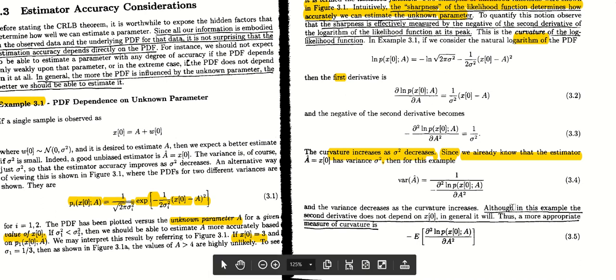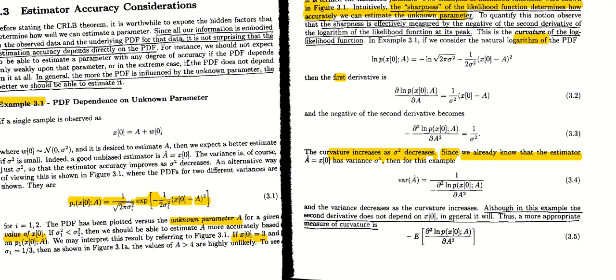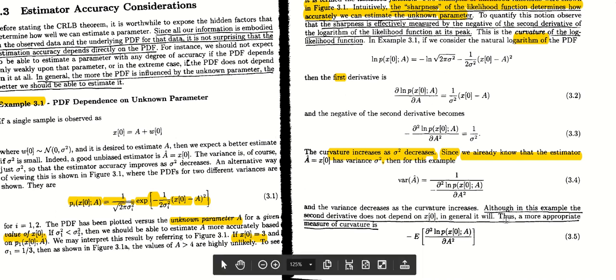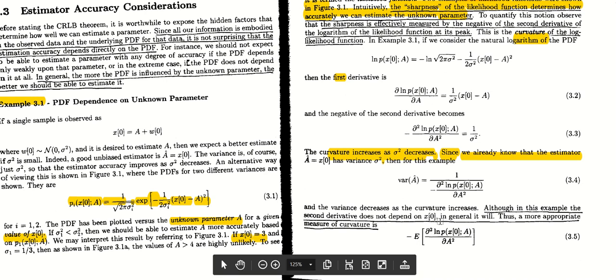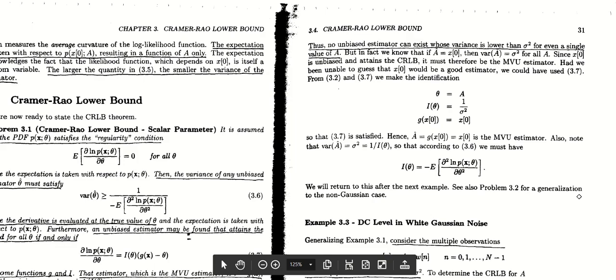Okay. So although in this example, the second derivative does not depend on x0, in general it will. So a more appropriate measure of the curvature is you have this second order derivative and negative, then you take the expectation. In other words, we are taking the average curvature, and that will generally be the lower bound of the estimator.